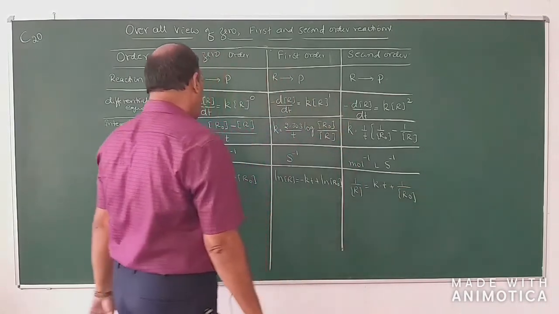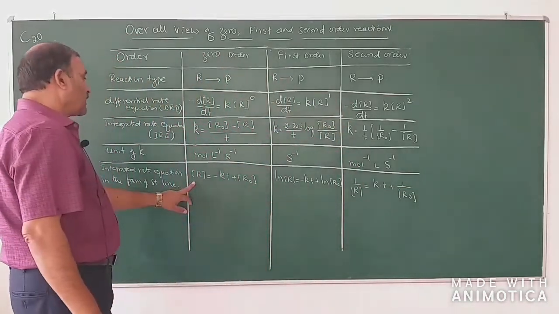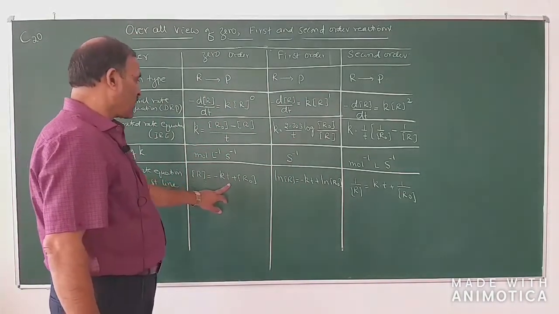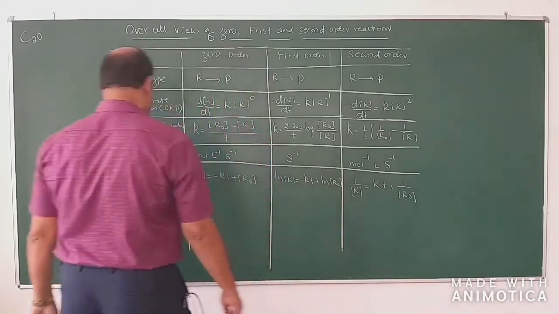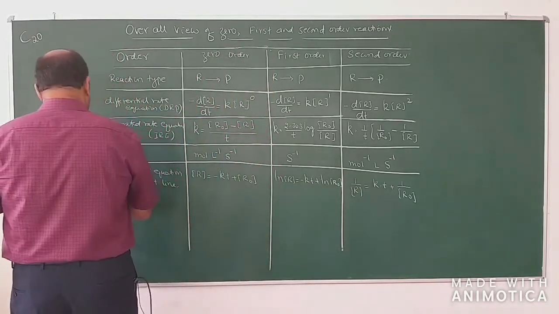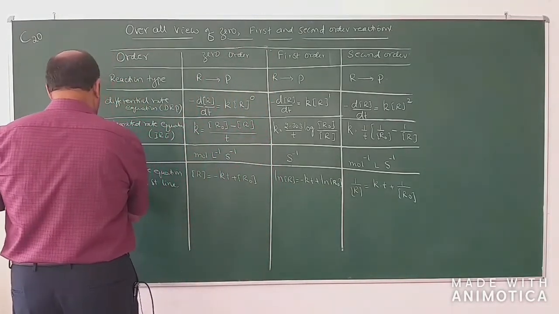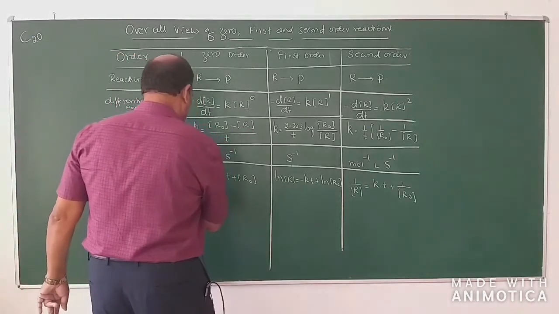So this is the integrated rate equation in the form of straight line for zero order reaction, first order reaction and second order reaction. And then coming to the plot of R versus T.